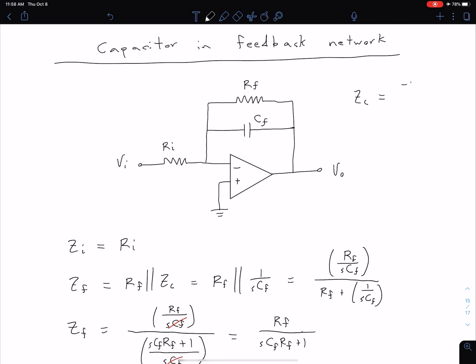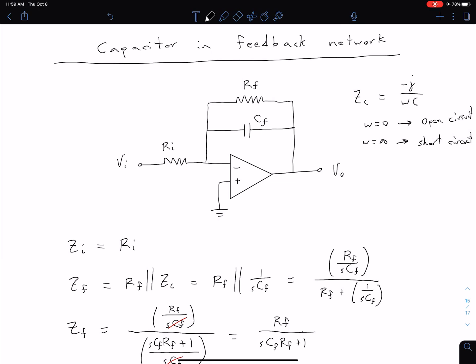Remember, our capacitor impedance is negative j over omega C. For zero frequency, our capacitor is essentially acting like an open circuit. For very high frequencies, our capacitor is going to be acting like a short circuit, so our impedance is roughly zero.